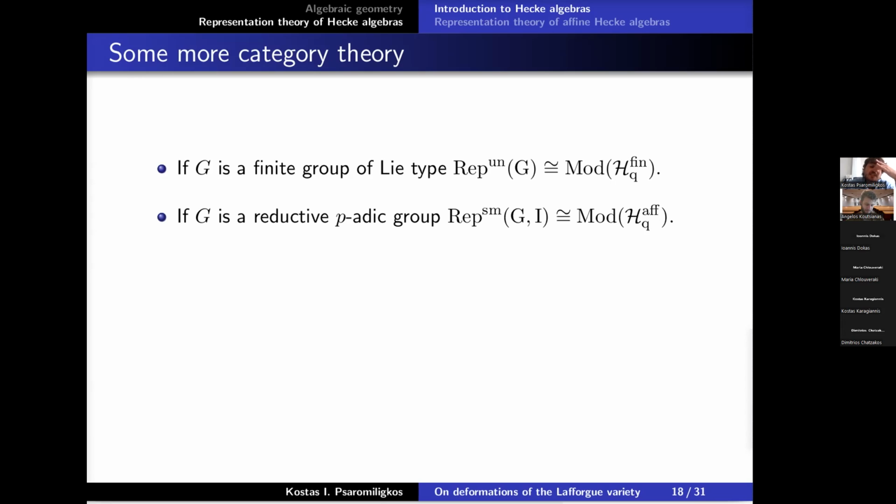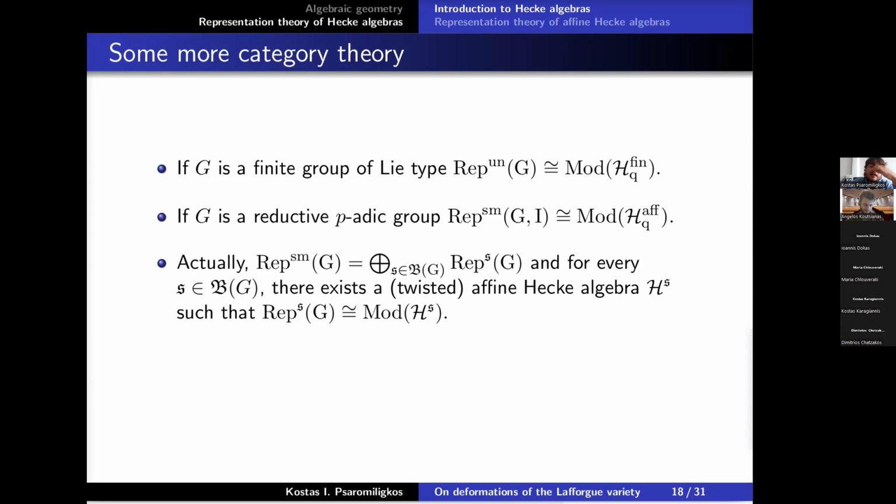Iwahori representations for p-adic groups are modules over an affine Hecke algebra. And generally, if you have a reductive p-adic group, so let's say GL_n over Q_p, we only care about its smooth representations, with some continuity assumptions, and the whole category breaks into blocks that are given by modules over affine Hecke algebras.